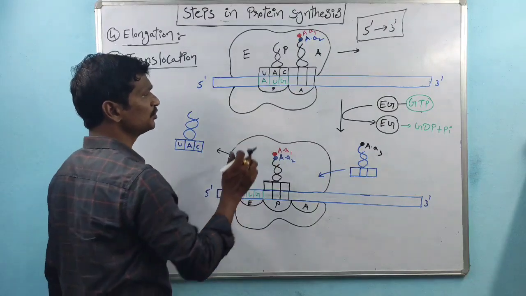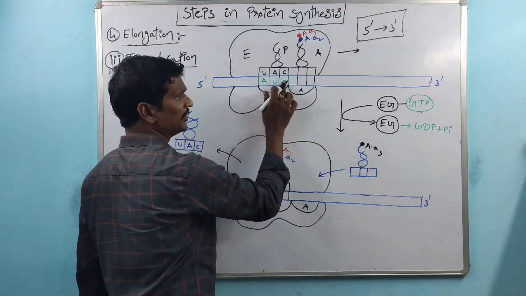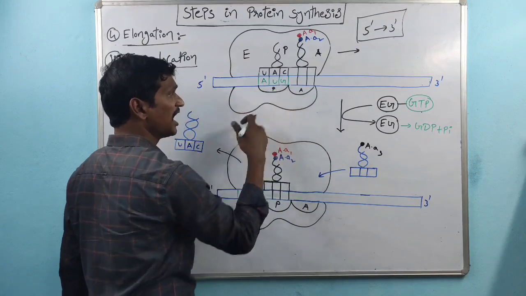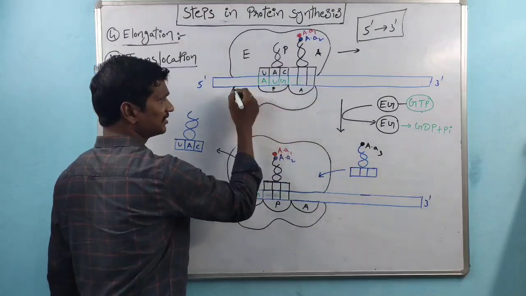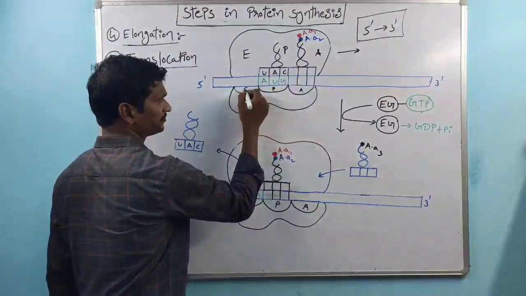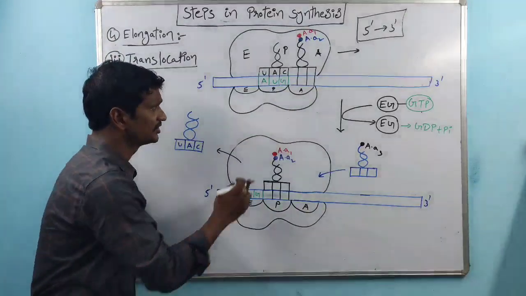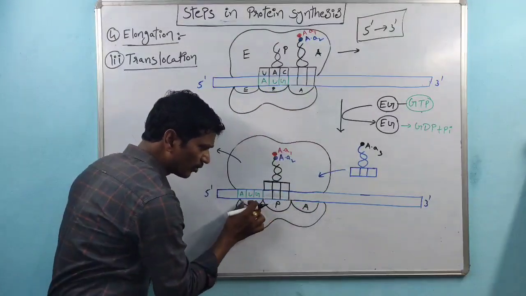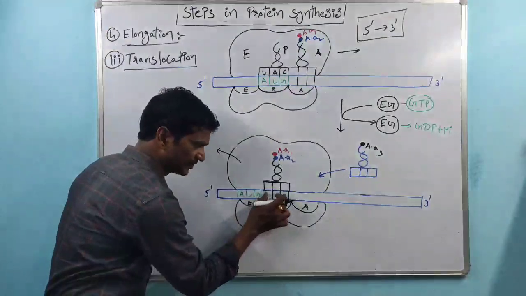on mRNA. So initially the AUG codon is present at the P site. After translocation, see, this is the P site, this is the A site, and this is the E site.